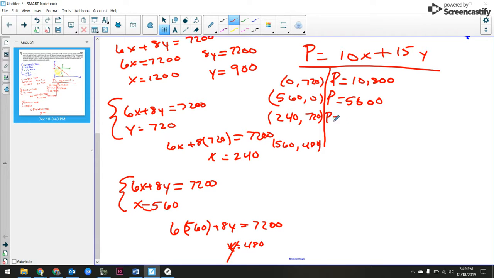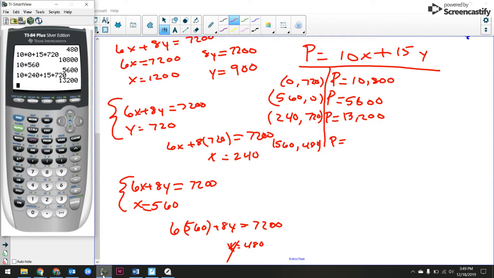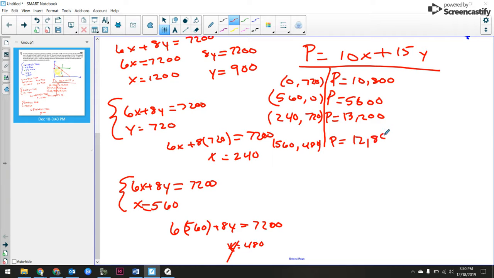Profit is 13,200. And lastly, 10 times 560 plus 15 times 480 is 12,800.